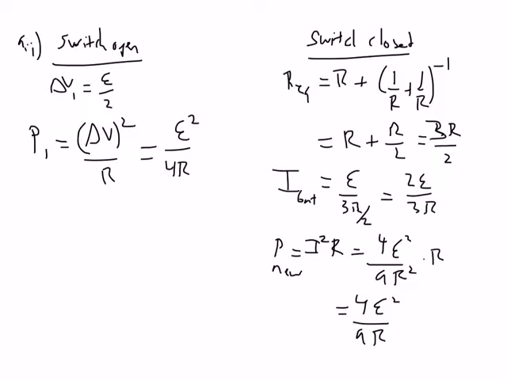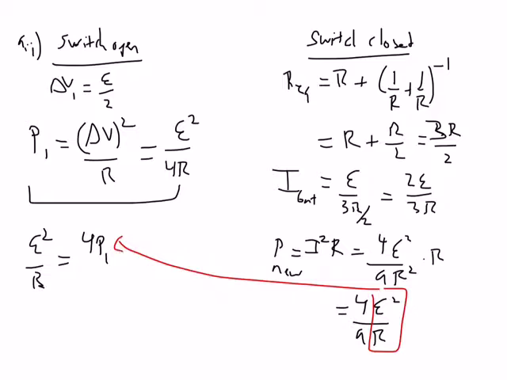So now we have something close. I'm going to take the earlier expression and rearrange it: epsilon squared over R is 4 P1. I'm going to put that in right there.